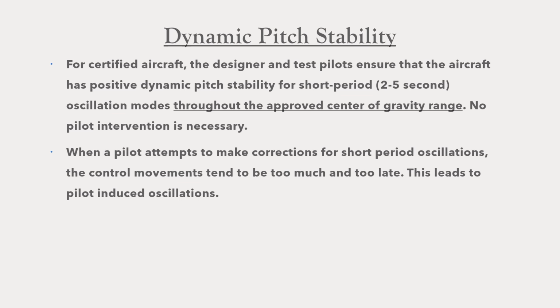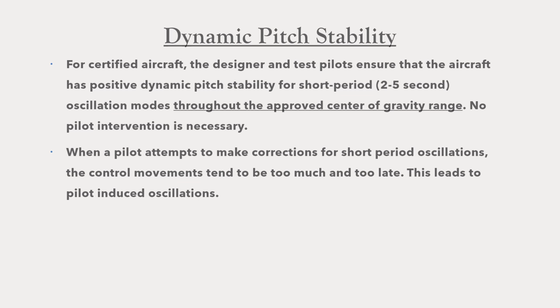When the pilot does try to make corrections, the pilot can actually create a dynamic instability because the pilot's reactions oftentimes will be too much and too late. So the nose starts pitching up.